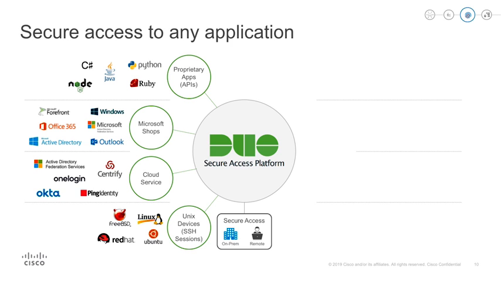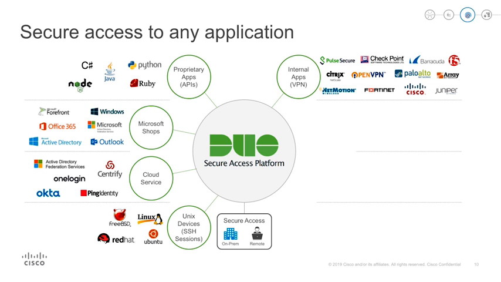Unix devices. Duo can be easily added to any Unix system to protect remote SSH logins with the addition of a simple login_duo module. Internal applications. Duo integrates with Cisco ASA VPN to add two-factor authentication to any VPN login.